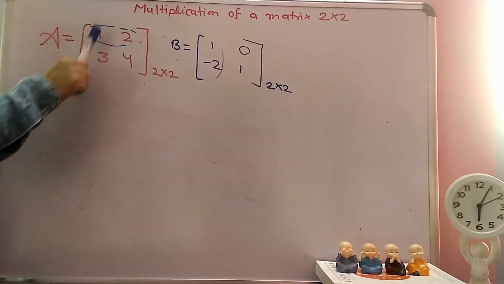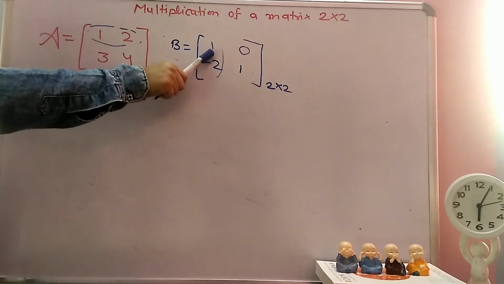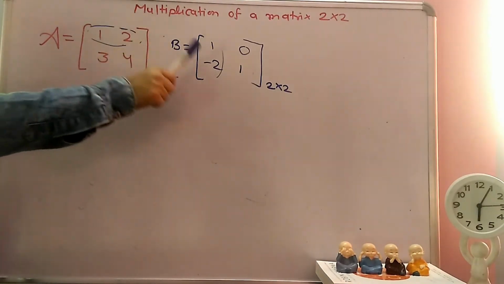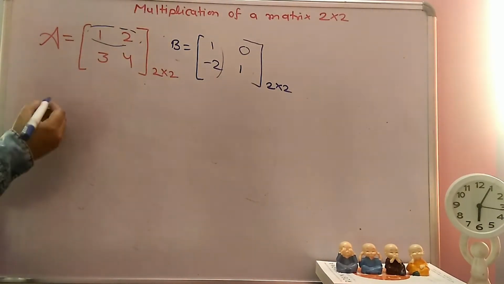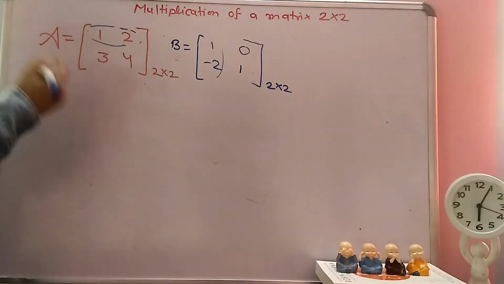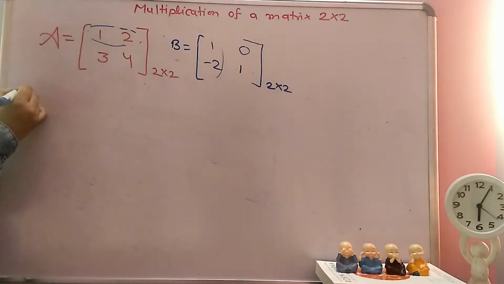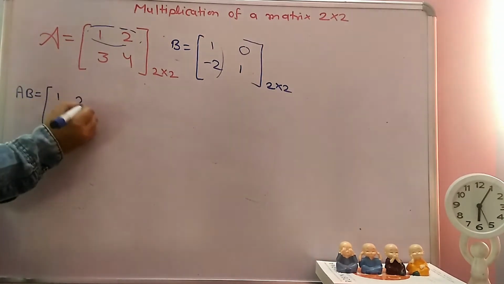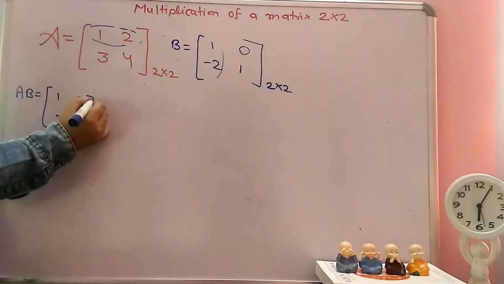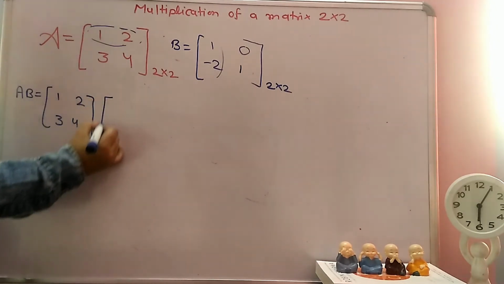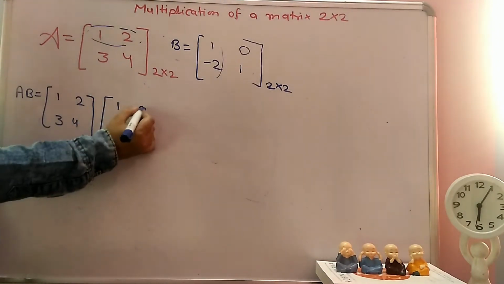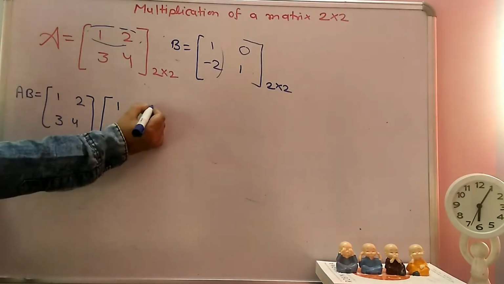And then multiply 1 into 1 plus 2 into minus 2. This is the first element of our matrix AB. So matrix A equals 1, 2, 3, 4 and B equals 1, 0, minus 2 and 1.